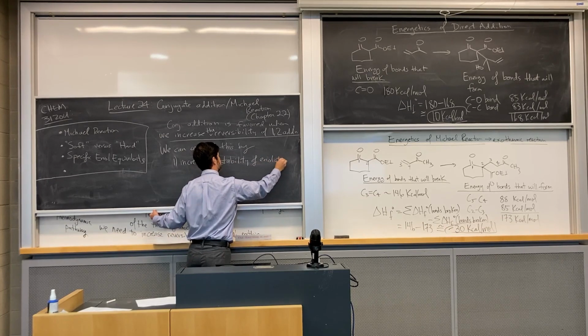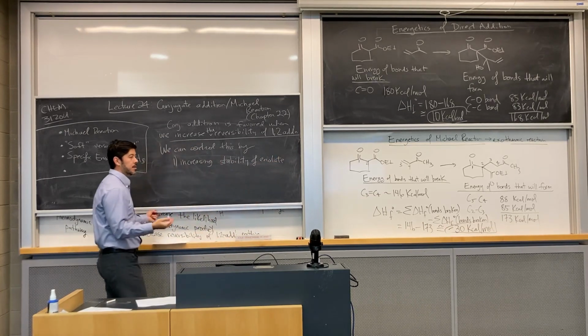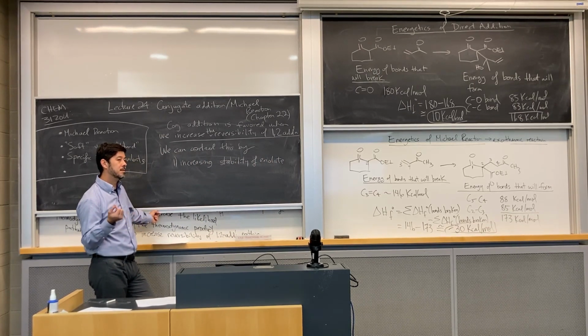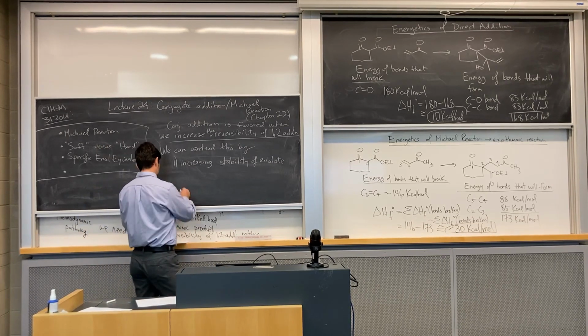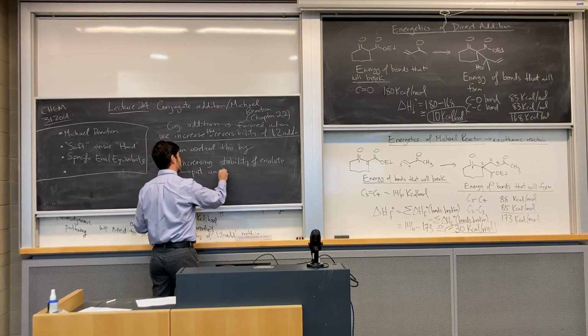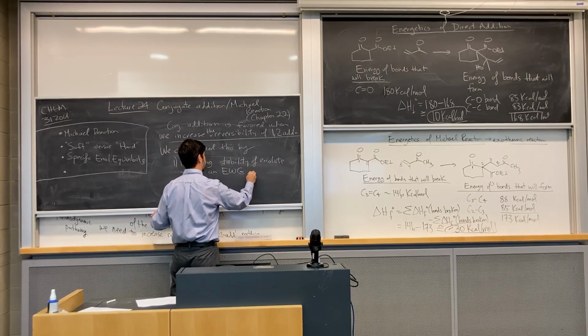And the enolate is negatively charged, so if we think of adding something that can stabilize a negative charge, something like an electron withdrawing group, that would increase the stability and therefore its reversibility. So let's place an electron withdrawing group at R2.